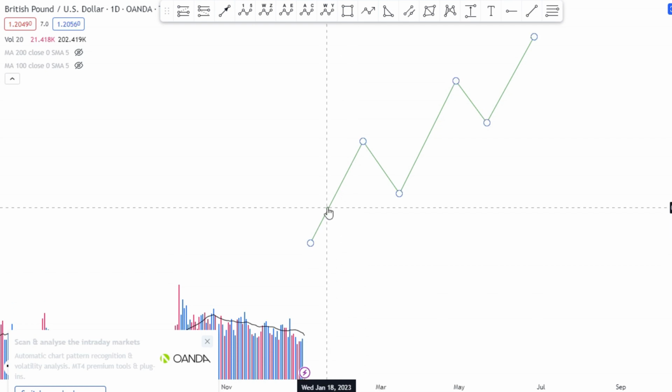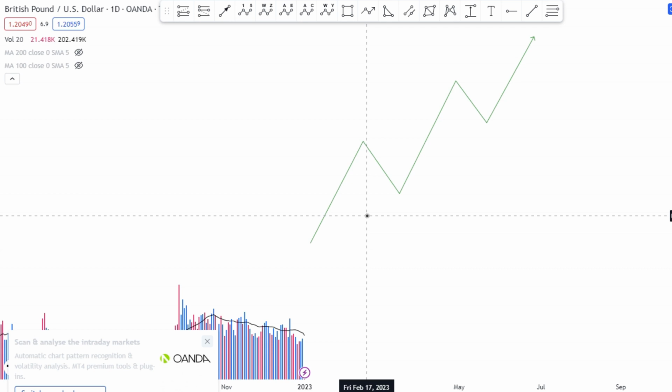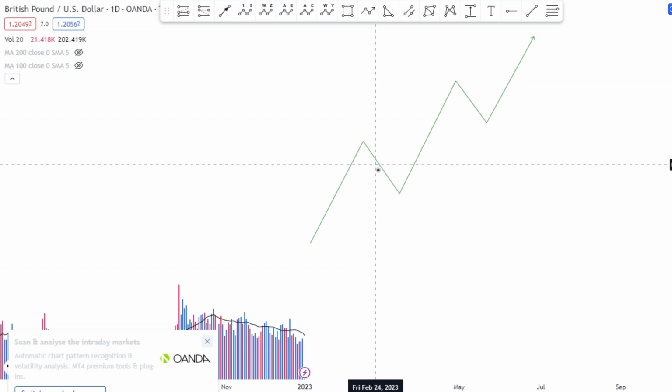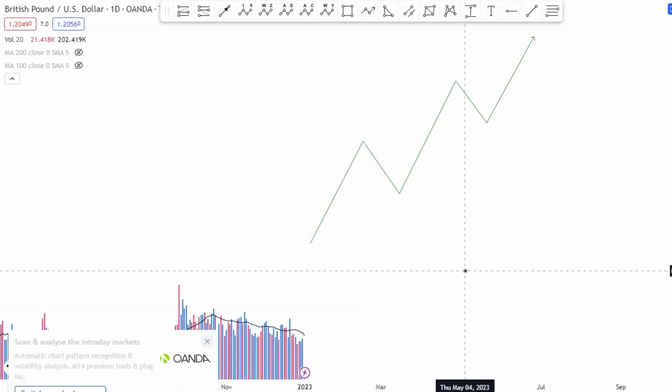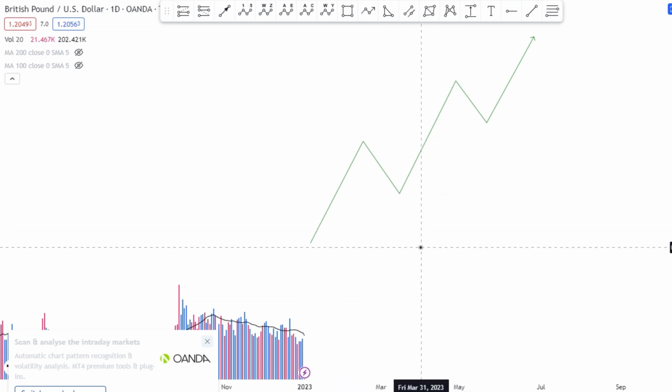At the same time, we also have the corrective waves, which we can divide into three subwaves, such as zigzag patterns.